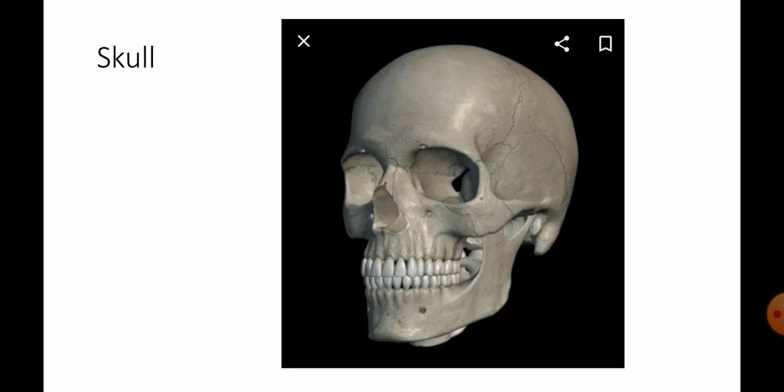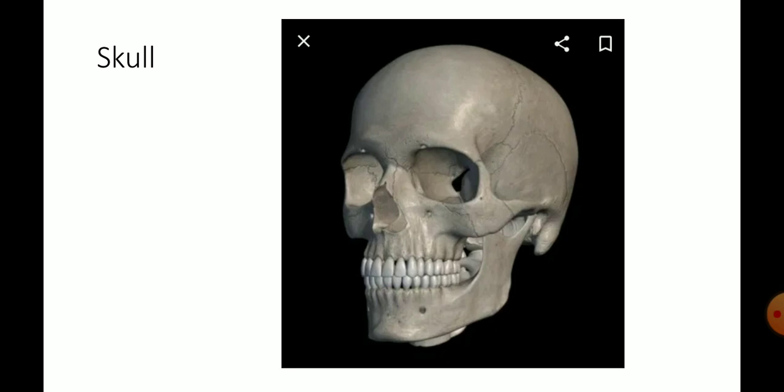It protects the brain. The skull is made up of 22 bones. 8 flat bones of the skull are interlocked to form the head, and the remaining 14 bones of the skull together form the frame of the face.